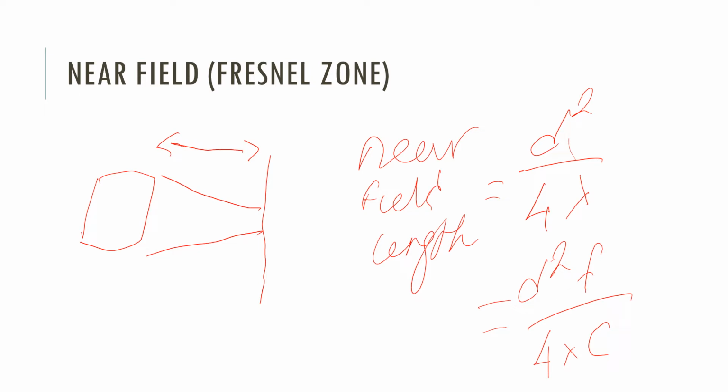Again, what gives us the near field length, and this is important to know, is the diameter of the element and the wavelength or the frequency. If we increase the frequency or shorten the wavelength, we get a longer length, and if we increase the wavelength or decrease the frequency, we get a shorter near field zone.